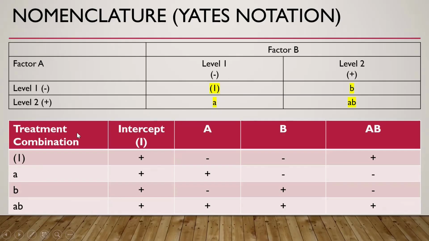According to Yates notation, we name the treatment combinations as I, A, B and interaction AB. And this is how we write the symbols plus and minus. And for coding purposes, we just write +1 or -1 instead of plus and minus alone.